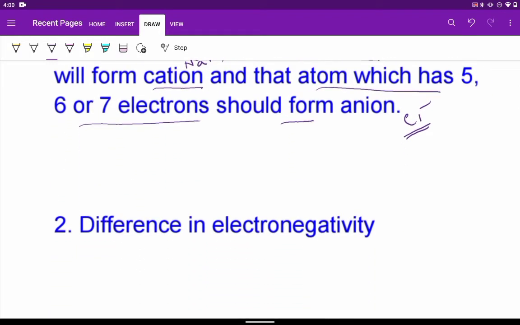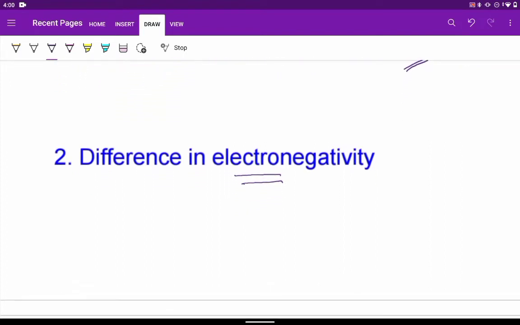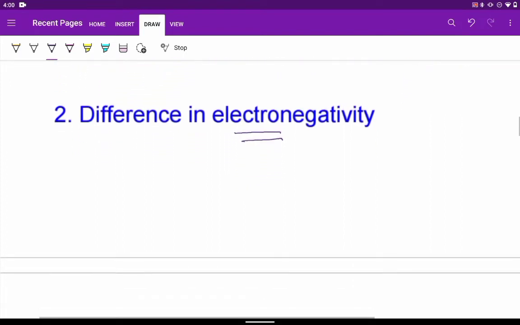The second important factor which decides the formation of the electrovalent bond or ionic bond is the difference in electronegativity. The nonmetals are mostly highly electronegative. The metals are electropositive in nature.